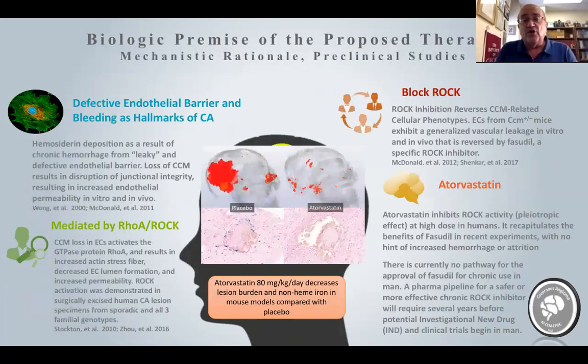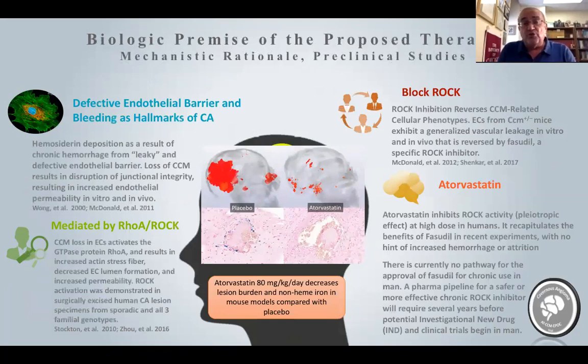And on the lower slides, we see those blue dots in the placebo case that indicate iron or bleeding, which are inhibited dramatically in the mice that received atorvastatin. So this type of data in the mice was very promising when we give the mice the equivalent dose of Lipitor 80 or atorvastatin 80 milligrams per day in humans.